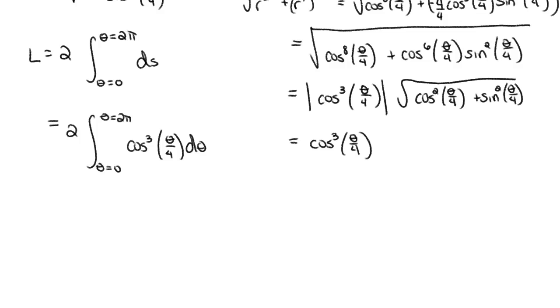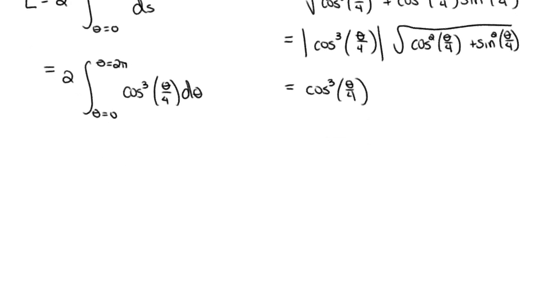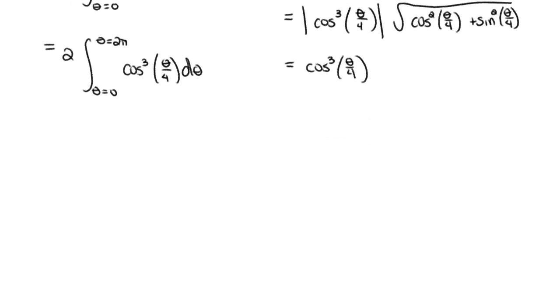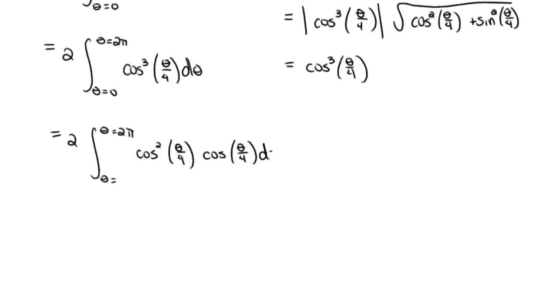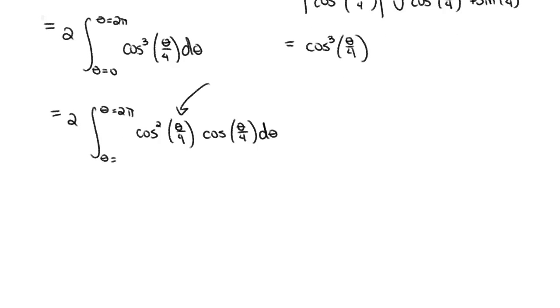I think getting to that point is the tough part. And then you just have to do a little bit of trig integration here. So this is going to be 2 times the integral of cosine squared of theta over 4 times the cosine of theta over 4 d theta. And I'm going to trade out that cosine squared for a 1 minus sine squared.